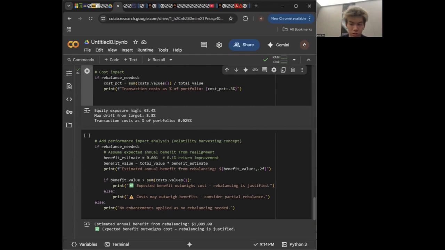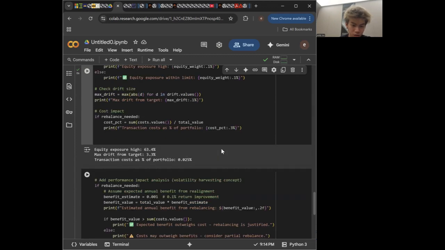By sticking with a 3% threshold, the system will maintain discipline and protect the net returns. But when the trading cost is very low, I think the threshold could be lowered.